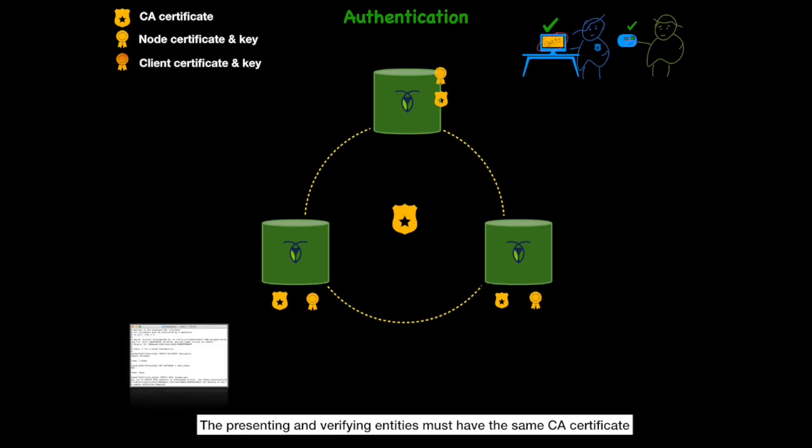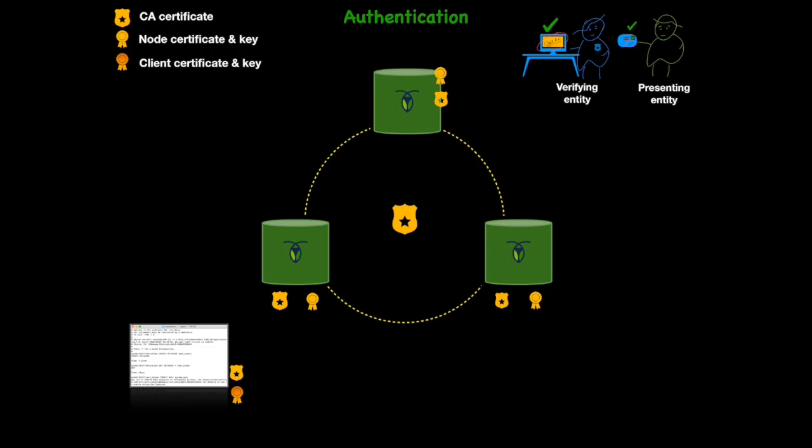Similarly, in client-node communication, the node and the client must have the same CA cert. The node presents its digital certificate signed by the CA, and the client verifies it using the same CA certificate. Same procedure is used to verify the client's identity with the client certificate. Thus, the basic requirement for digital certs-based authentication to work is that the presenting and the verifying entities need to have the same CA certificate.